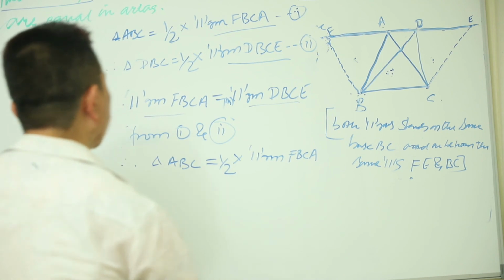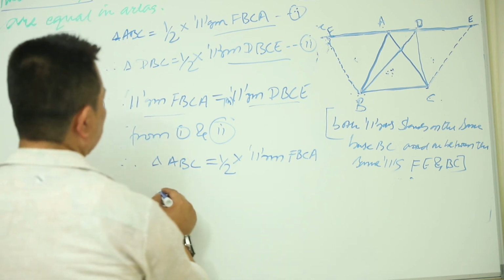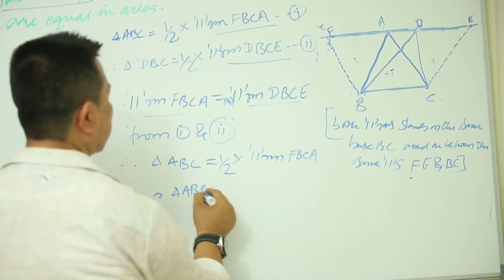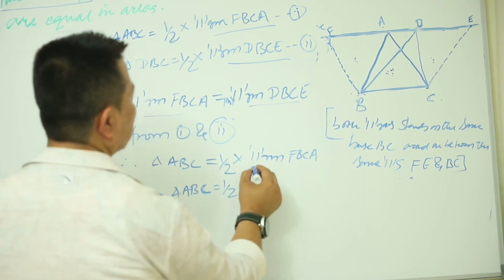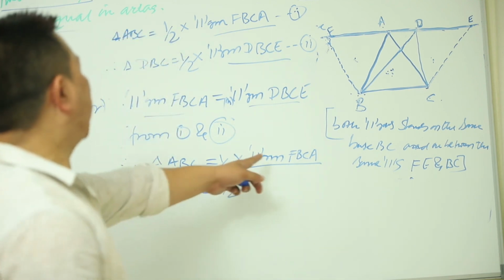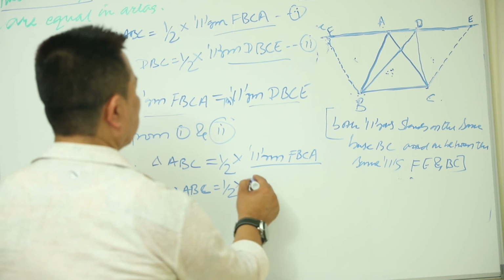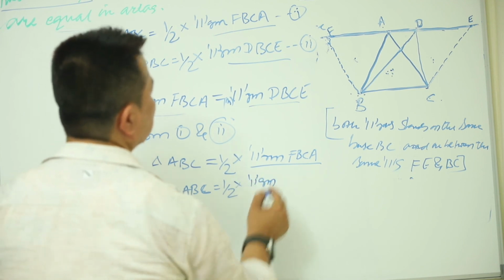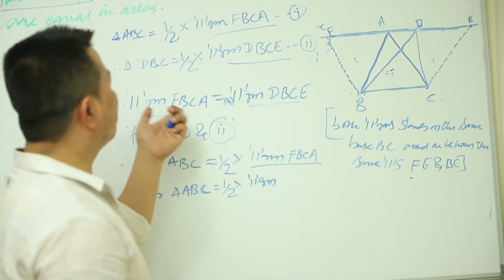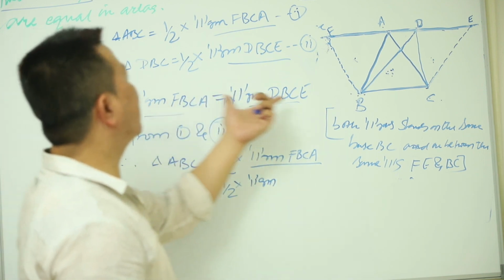As we know that these two parallelograms are equal, in place of FBCA we can write DBCE.